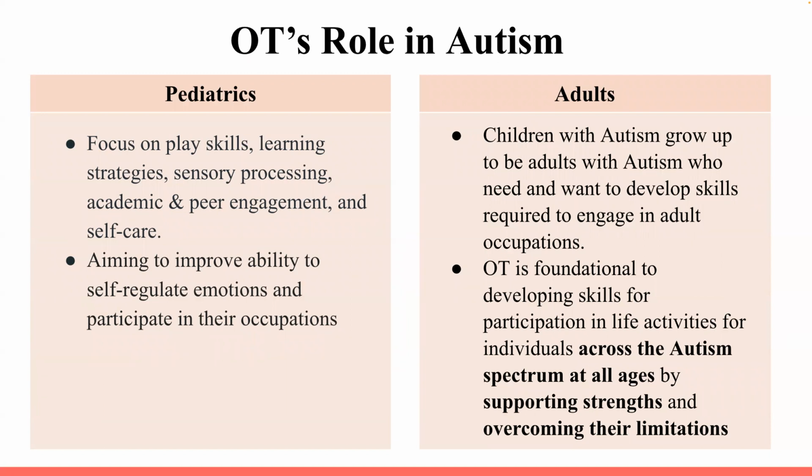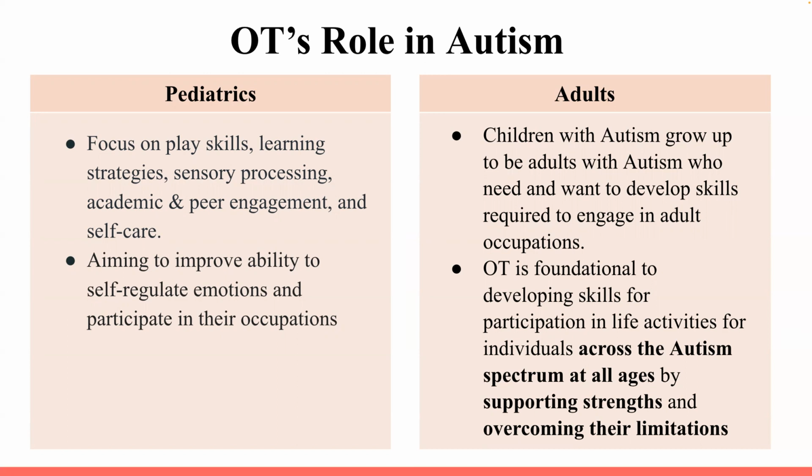By working on these areas, we are helping them improve their ability to self-regulate their emotions and participate in their occupations. So children with autism grow up to be adults with autism who need and want to develop skills required to engage in adult occupations.